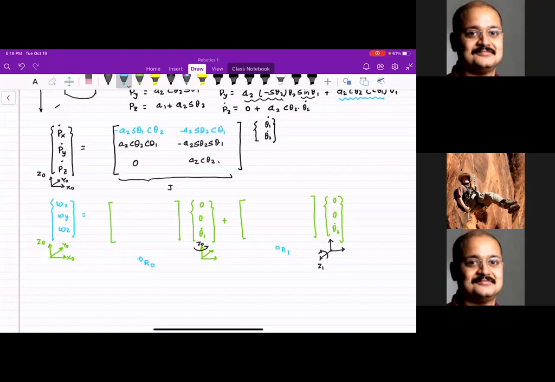This notation is telling me that the quantity here is in the 0th coordinate frame. The notation here is telling me that the quantity here is in the 1st coordinate frame, and after this rotational transformation, the quantity which was in the 0th frame stays in the 0th frame, and the quantity which was in the 1st frame got transferred into the 0th frame.